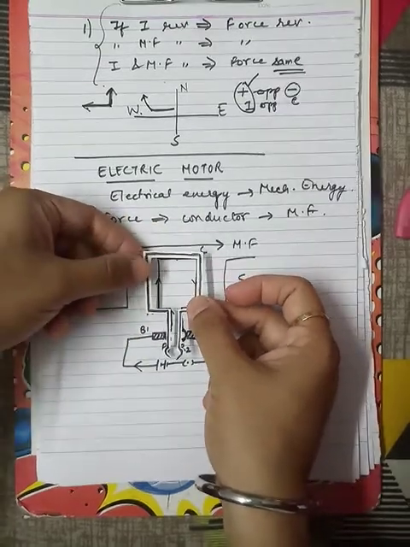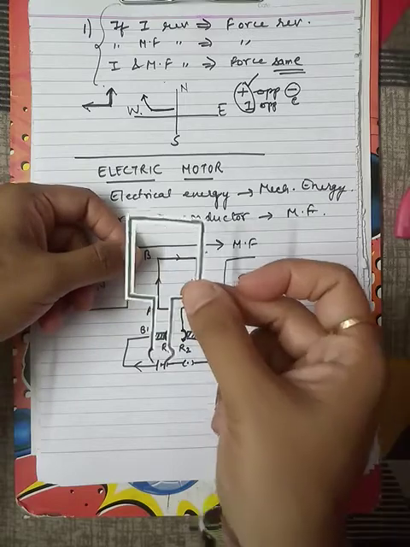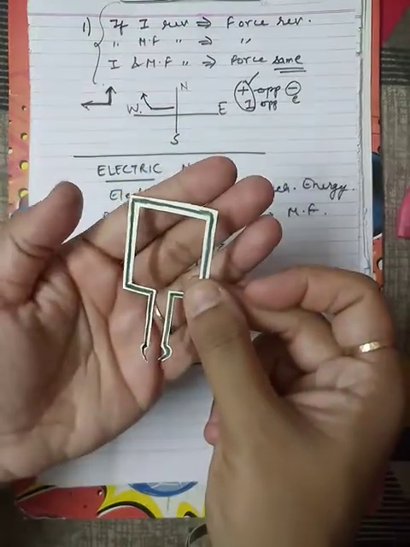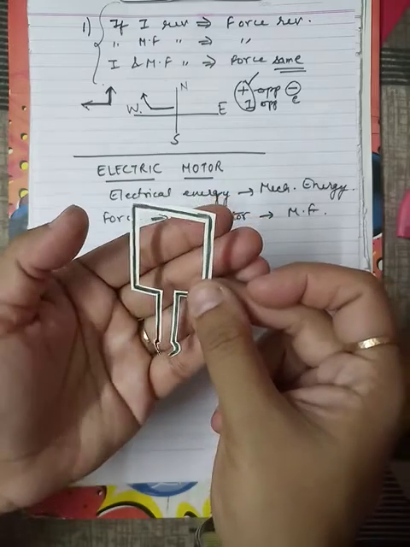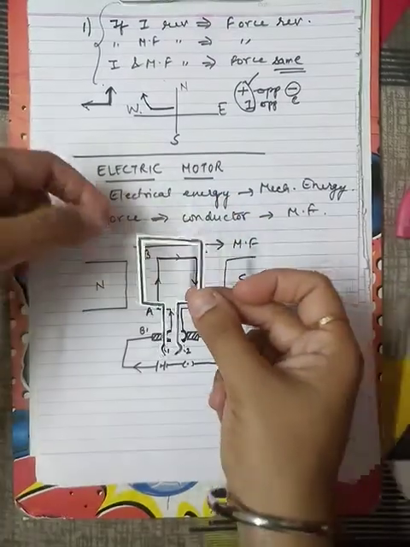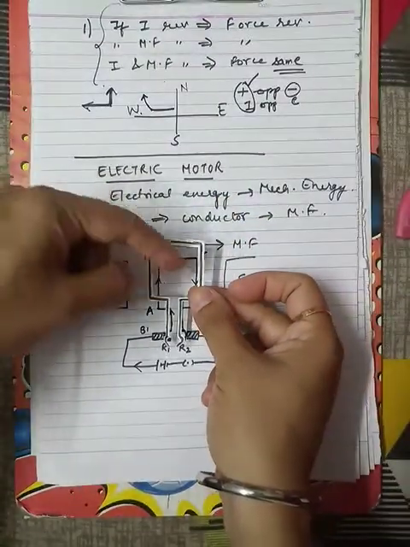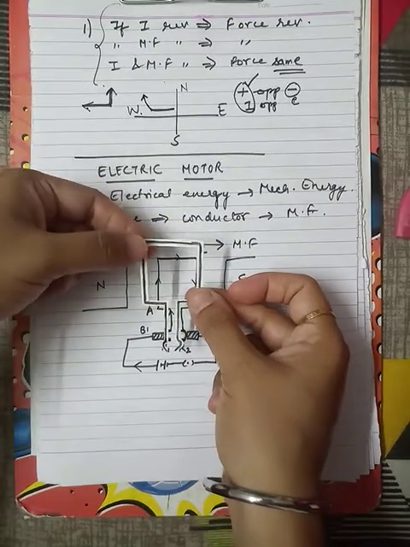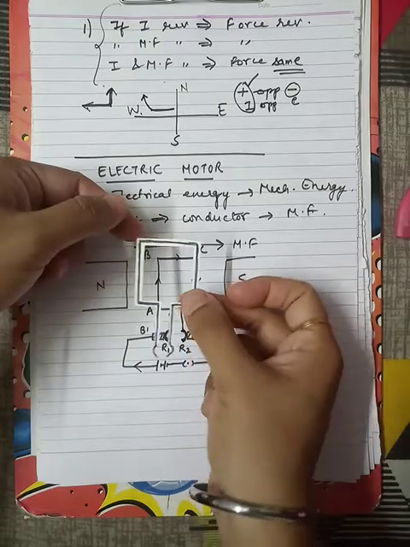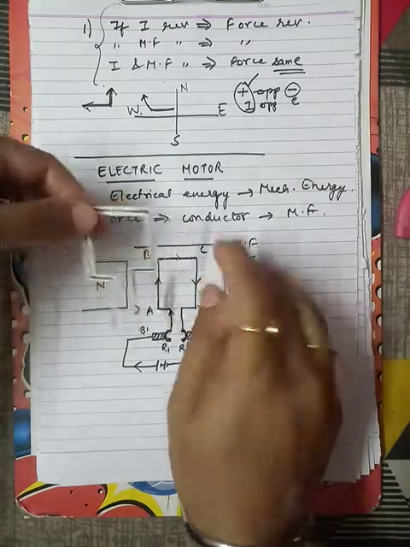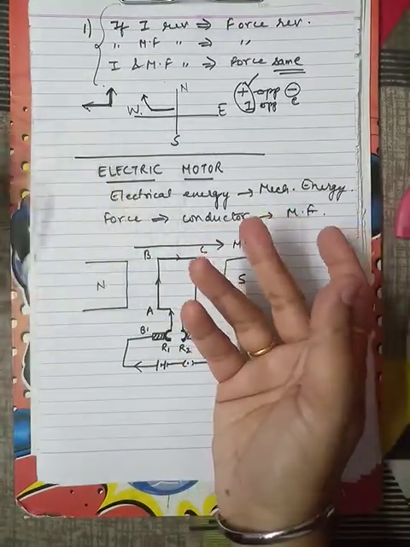This is a rectangular coil, which I have made along with the split rings with paper. So this split ring and rectangular coil is a movable part. I have made it so that I can show you the movement, because on the page we cannot see the movement, right?